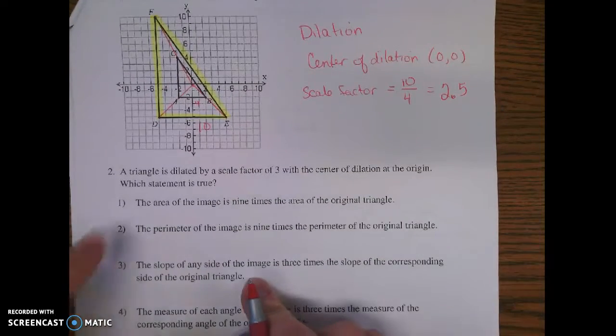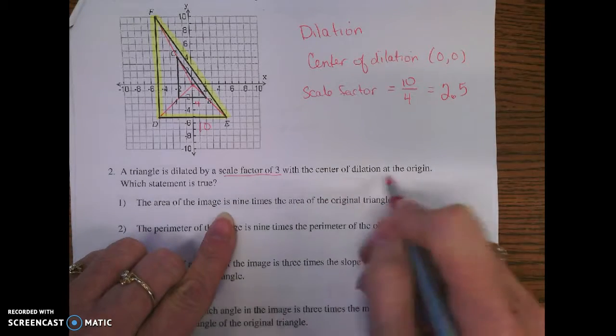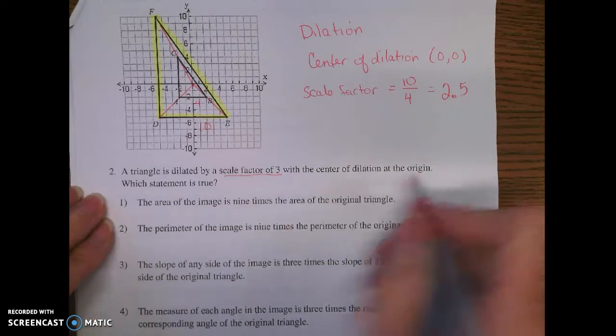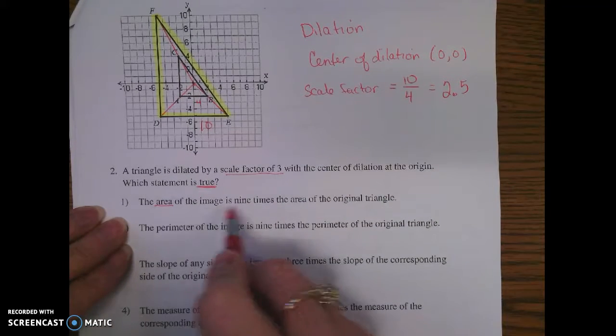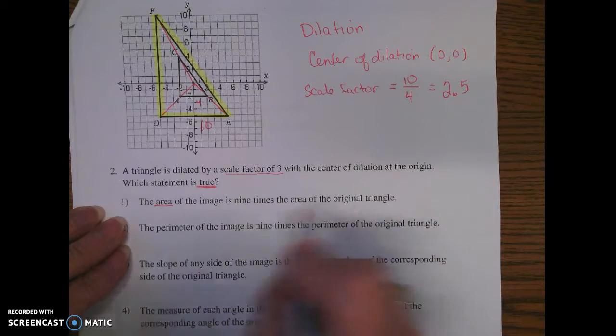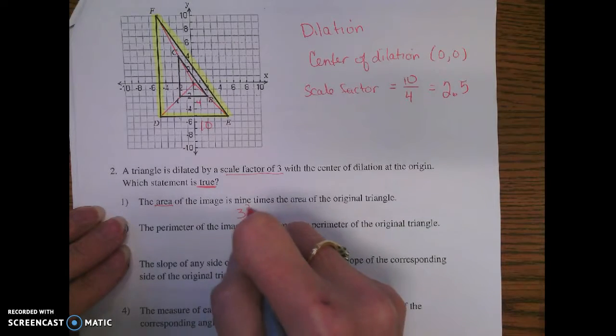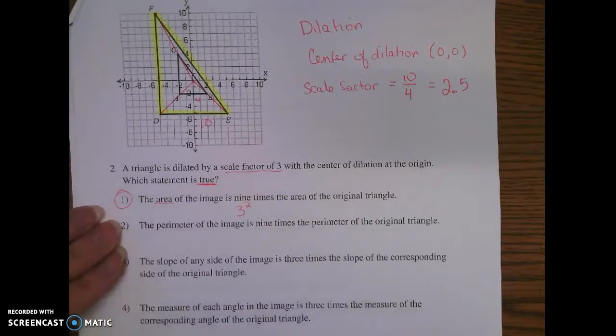All right, next one. A triangle is dilated by a scale factor of 3 with the center of dilation at the origin. Which statement is true? The area of the image is 9 times the area of the original triangle. That is true because for area you have to square your scale factor.